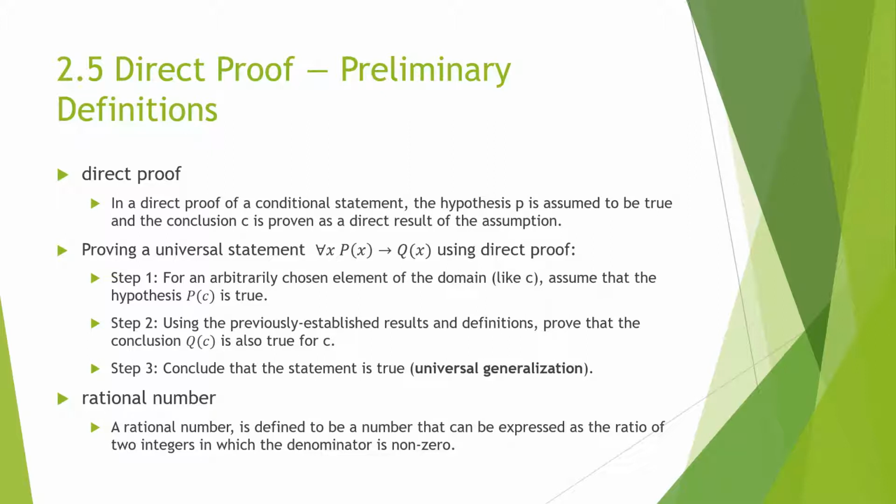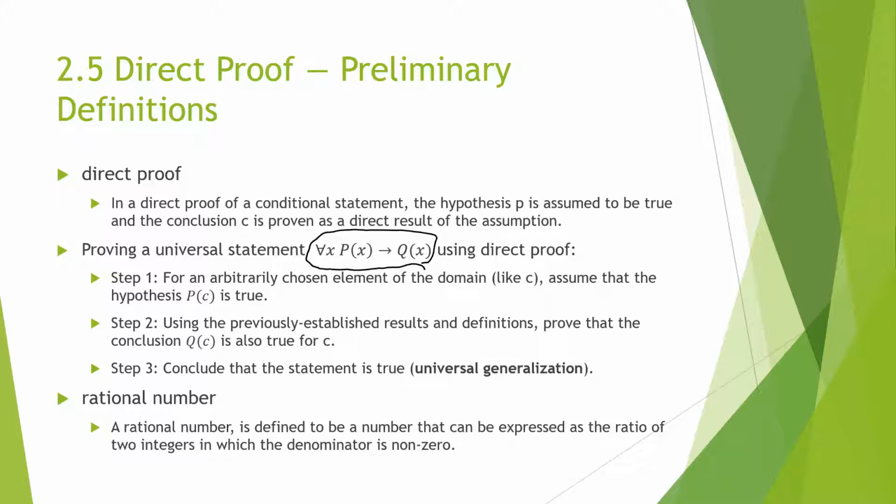So let's see what the steps of a direct proof look like. Let's assume that you want to prove the universal statement for every x, P of x implies Q of x. Okay, so this is what we are going to prove.